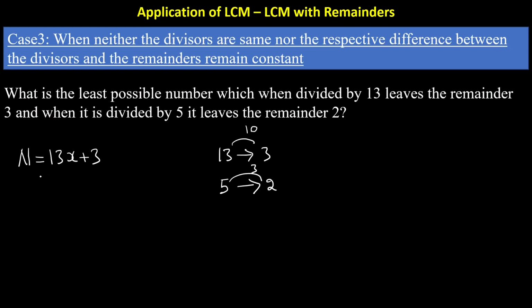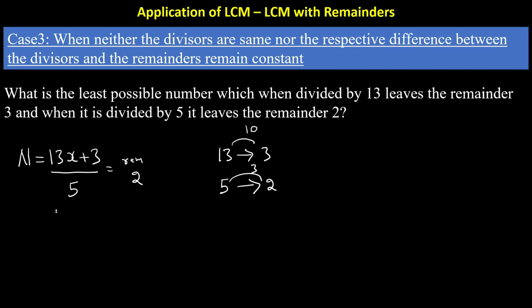So this is the number I need. My number will definitely be in the form 13x plus 3. But if you divide this number by 5, I need to get the remainder given in the question. So here we need to check the possibility.